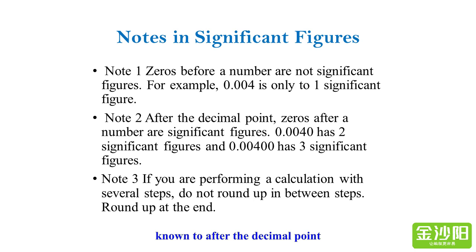After the decimal point, zeros after a number are significant figures. 0.0040 has two significant figures and 0.00400 has three significant figures. Note 3. If you are performing a calculation with several steps, do not round up in between steps. Round up at the end.